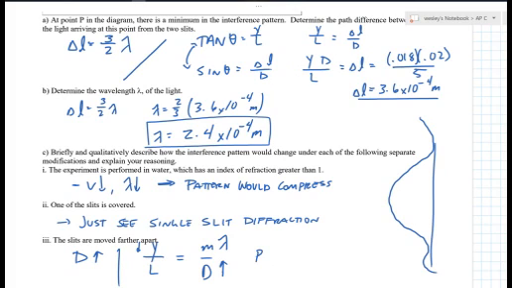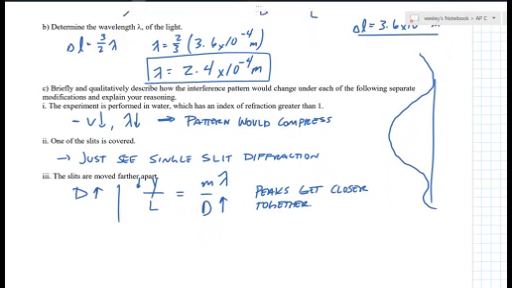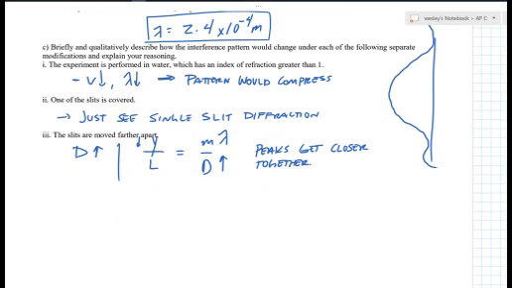So the peaks in the pattern get closer together, because everything else is going to stay the same. All right, that is our review. Good luck.